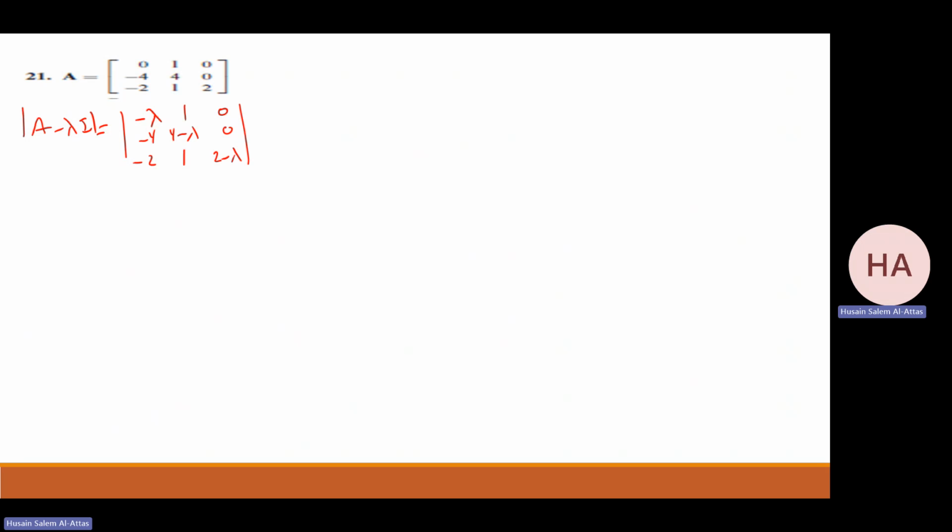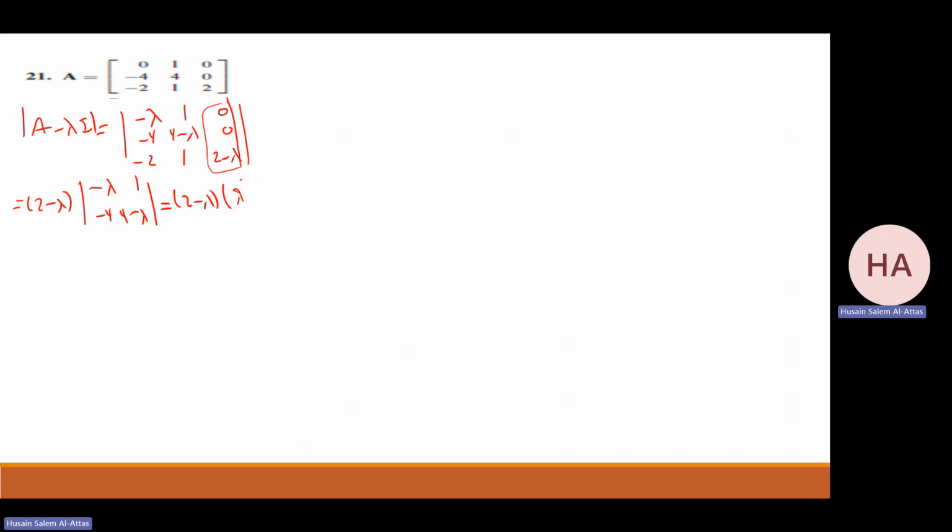Okay, you know what? I can do the expansion with the last column, it's better. That will be 2 minus lambda. Cancel this with this. Minus lambda, 1, -4, 4 minus lambda. Yeah, that will make it easier.